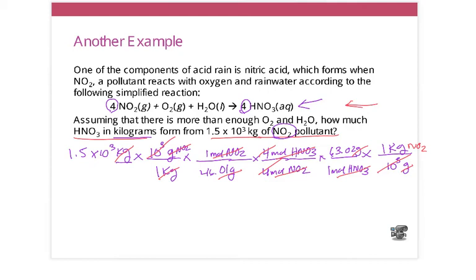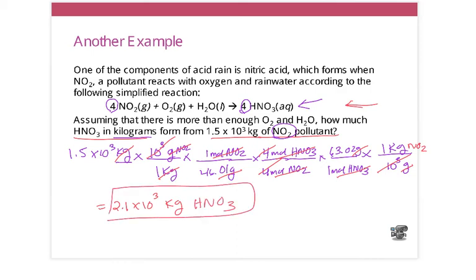So we're just cleaning up and simplifying the math. And we get 2.1 times 10 to the third kilograms of nitric acid produced. Remember, correct number of significant figures, units, and what your answer is.